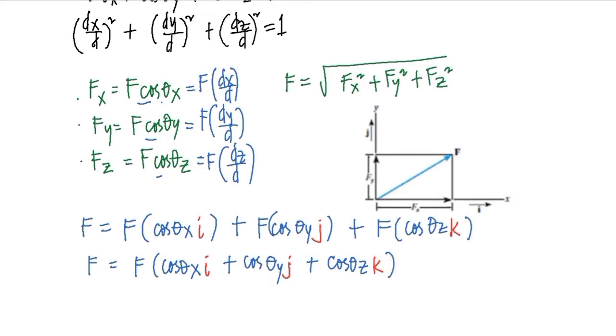But from here, we have the cosine of theta x is just dx over d, the cosine of theta y is dy over d, and the cosine of theta z is dz over d.